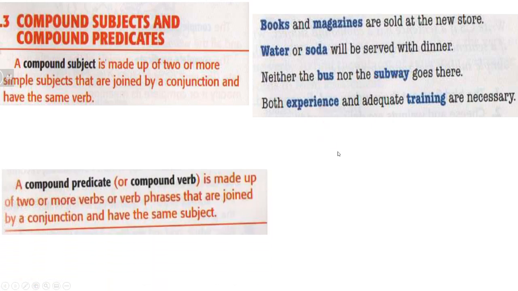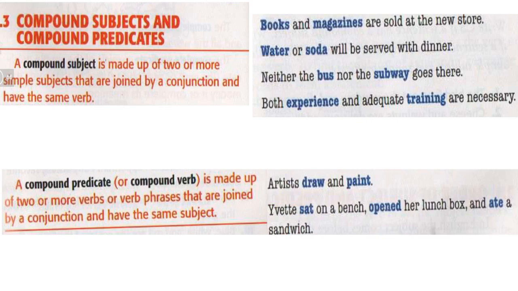Let's go on with the compound predicate. Remember, the center of the predicate is the verb. So here we have two verbs. Artists draw and paint. This is so simple. Let's see the definition. A compound predicate or a compound verb is made up of two or more verbs or verb phrases that are joined by a conjunction and have the same subject. So the same subject.